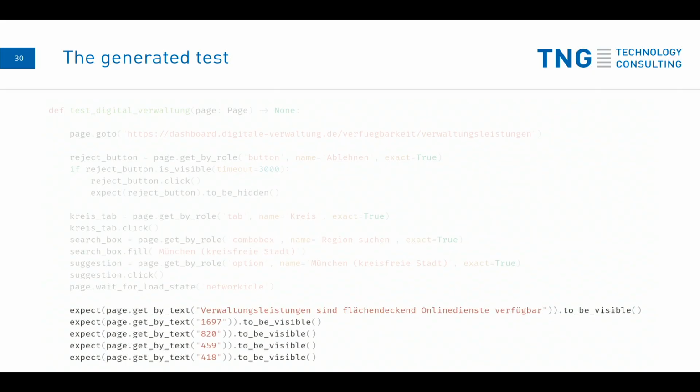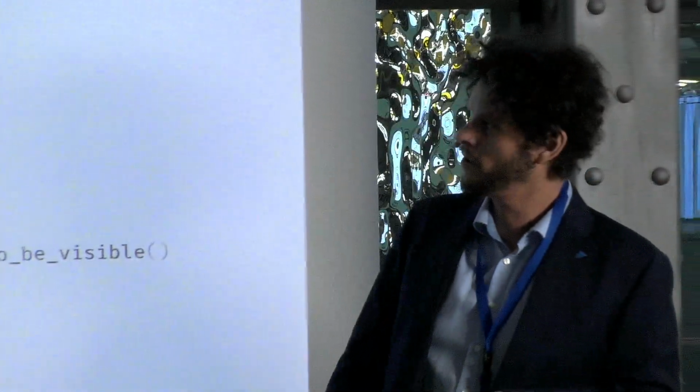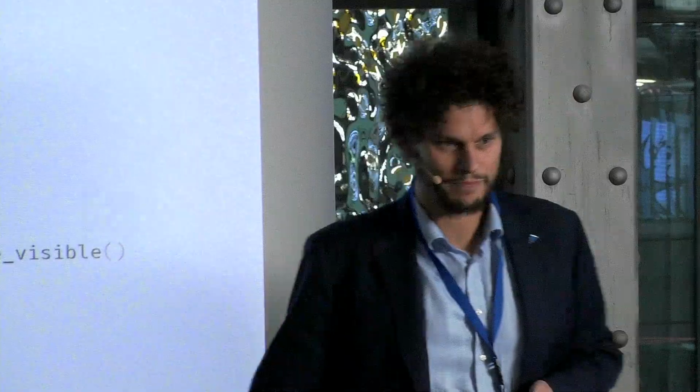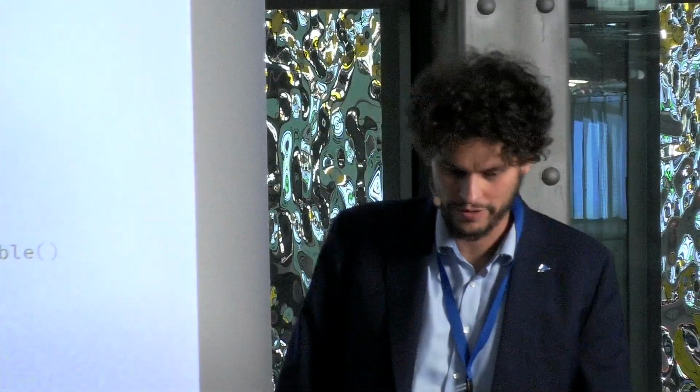And finally, we have expectations or assertions. So we want to make sure that these pieces of text are visible in the scenario we are testing. And this is actually a perfectly fine test. I think you'll always find someone who has an opinion that something there is bad, but overall this is something I wouldn't tear apart in a pull request review.